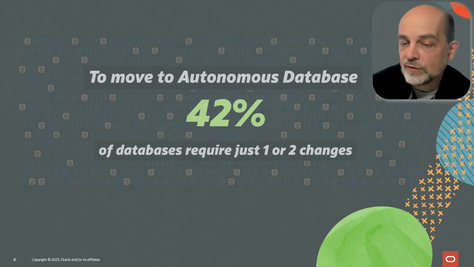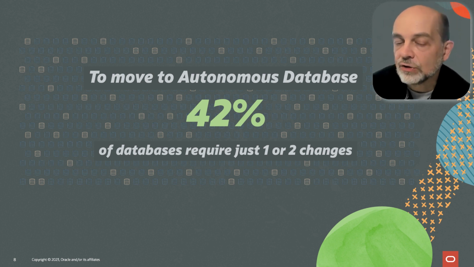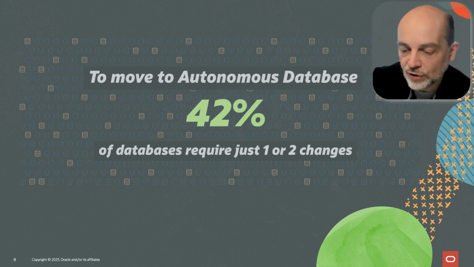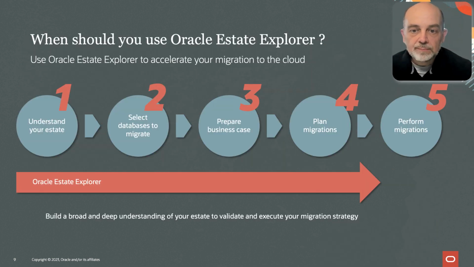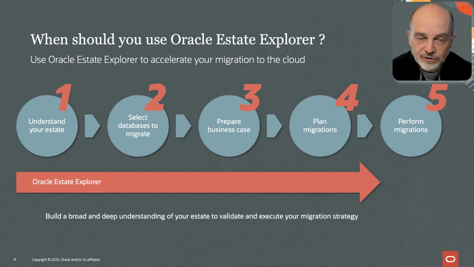And only a very small number of changes are needed to be able to move a database, say, from 19c through into Autonomous Database. So the other thing that we're very aware of is, as customers start to look at doing not just 1 or 2 migrations, but maybe hundreds of migrations to autonomous, that you will need to go through this sort of process.